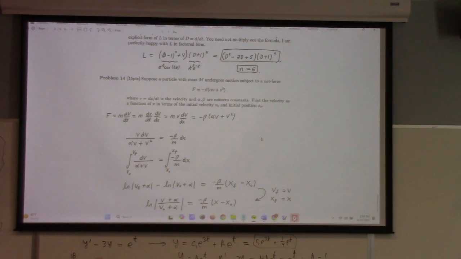The other path would be to find v as a function of t, and then integrate again, find x as a function of t, solve that for t, and then plug t as a function of x back into your v of t. I don't recommend this. This is a bad way, all right?